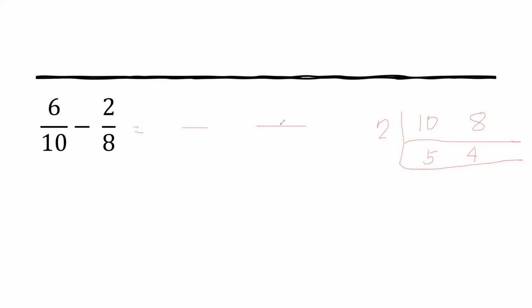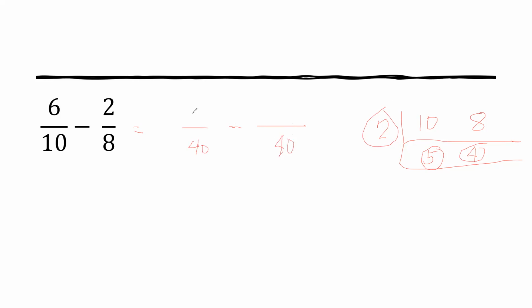So in this case, i-multiply na natin. 4 times 5, 20 po. Times 2, 40. So our denominator is 40. Diba?